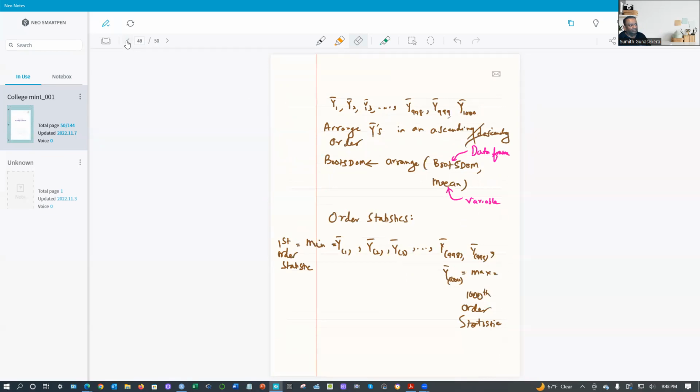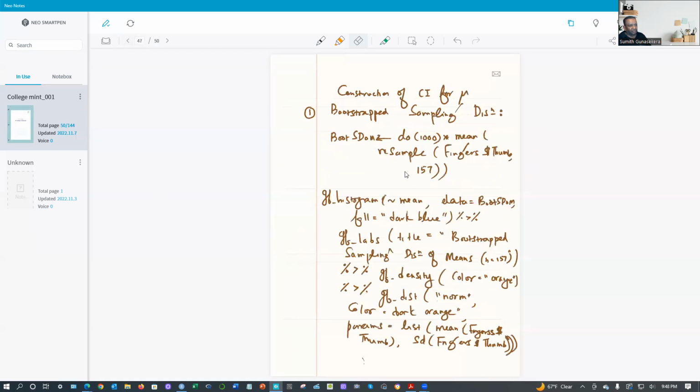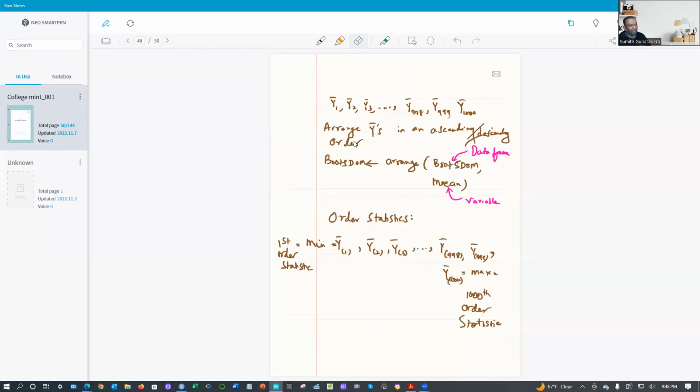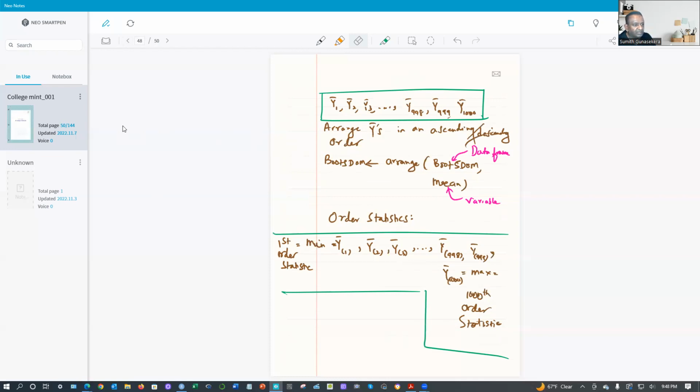You get the Y bars, you generate, you arrange. Once you generate and arrange, you have this. Then you order, and then you have it like this. This is how you arrange.